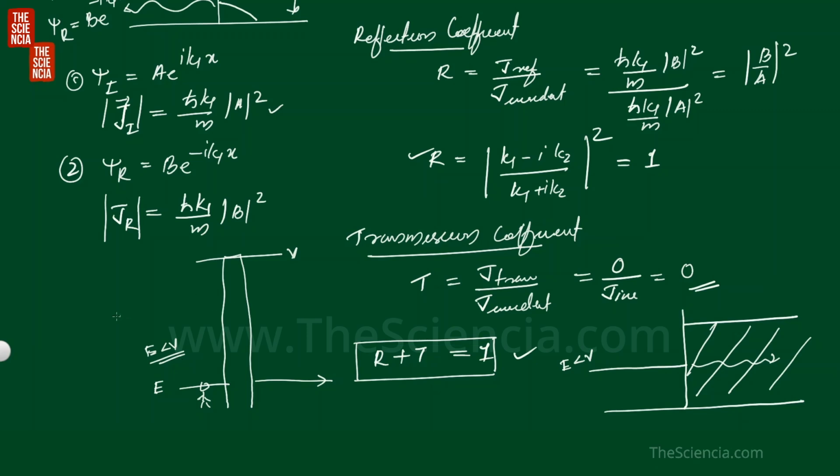That is, if you are running at high speed in this direction, you will collide with the wall and you will be reflected. That is, your reflection coefficient R equal to 1 and your transmission coefficient will be equal to 0. Okay, I think you got the idea. This is the same case when a particle is approaching a step potential whose potential is very much higher than the energy of the particle.